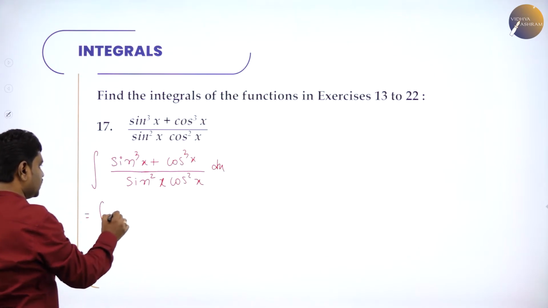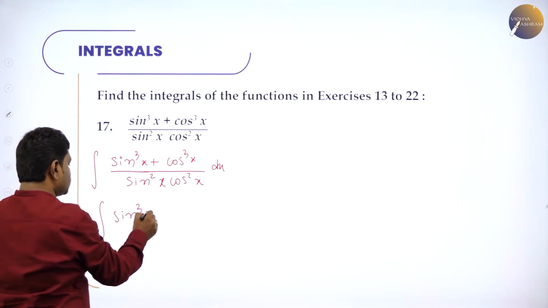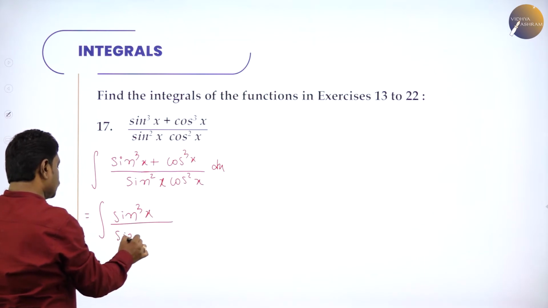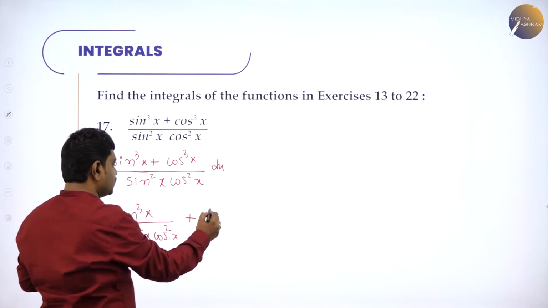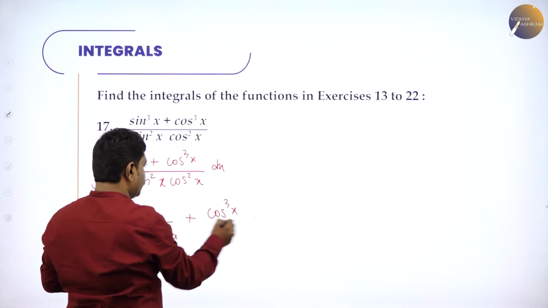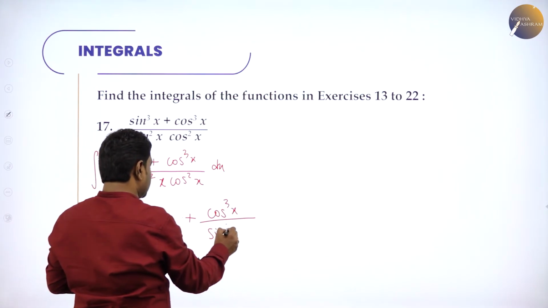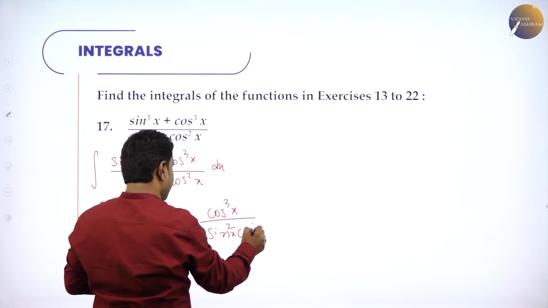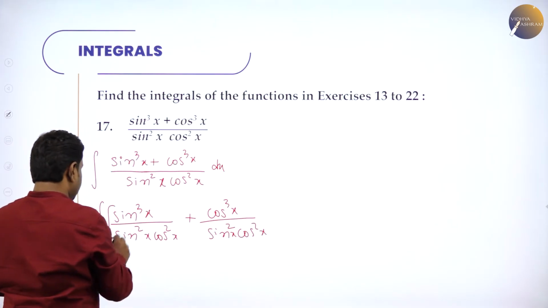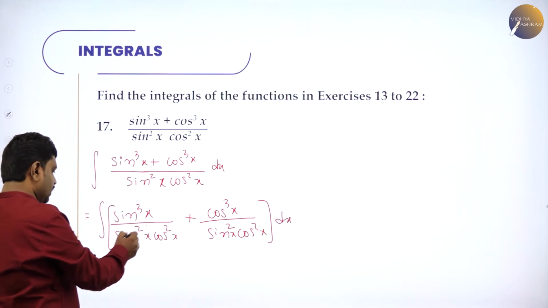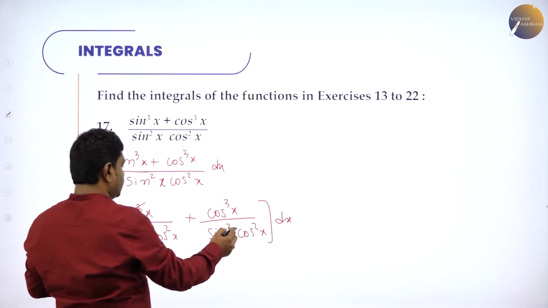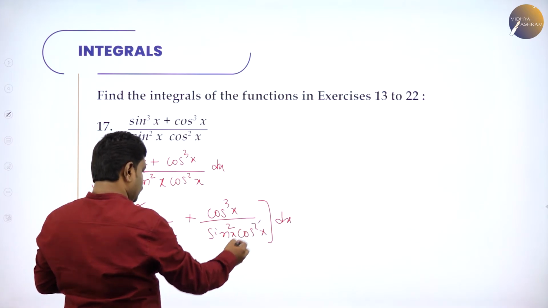Can I write it as integration of sin cube x divided by sin square x cos square x plus cos cube x divided by sin square x into cos square x? So now integrate this. I can cancel sin square and 1 sin, and cos square and cos cube.